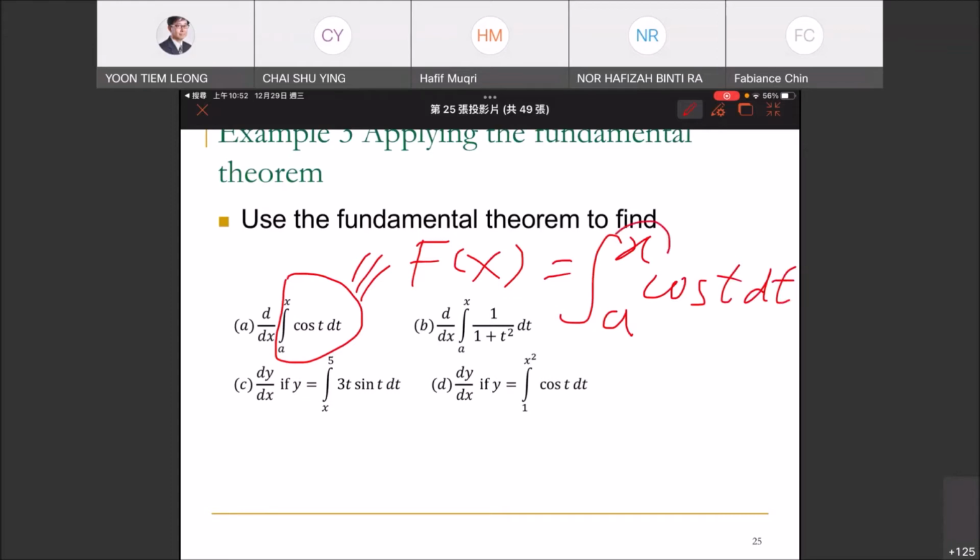So the upper limit of the definite integral of cos t dt from a to x is the integral function that defines F(x).